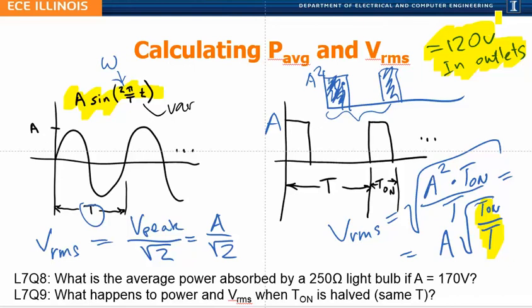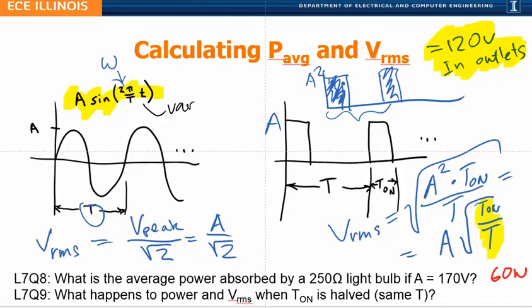So you can answer the question: what is the average power absorbed by the light bulb? We already calculated that previously. If you recall, that was just 60 watts in the previous video, and we actually don't need to use RMS, but now we can use RMS to calculate it as well.